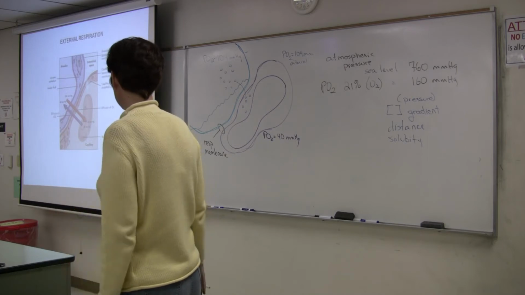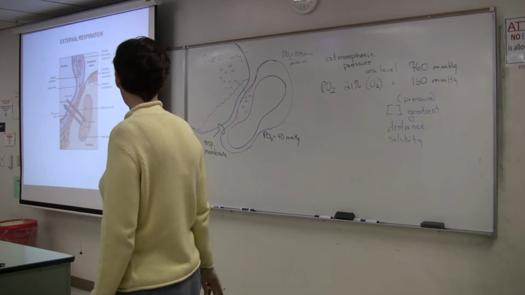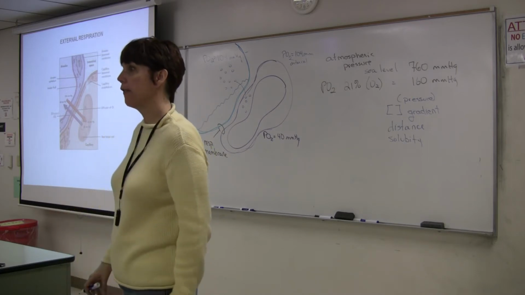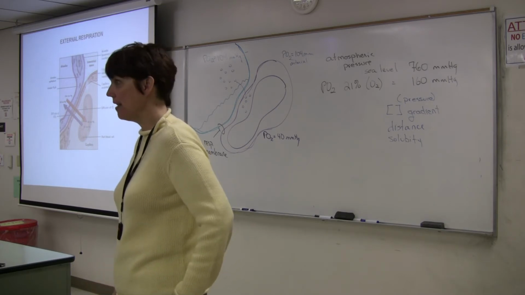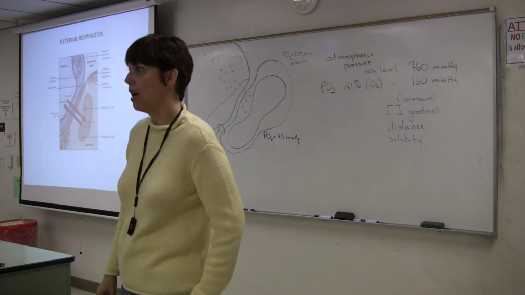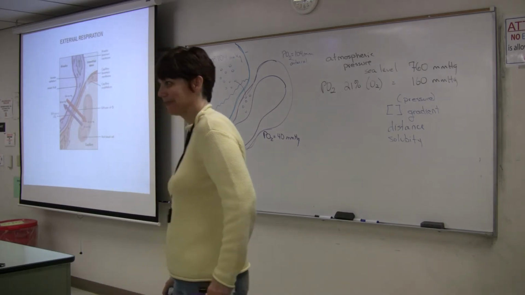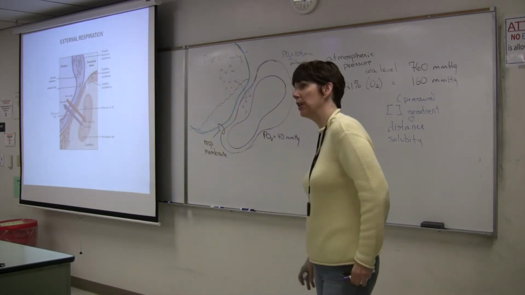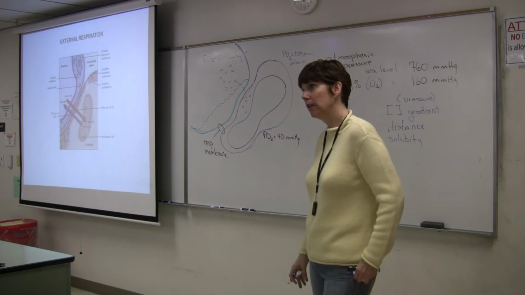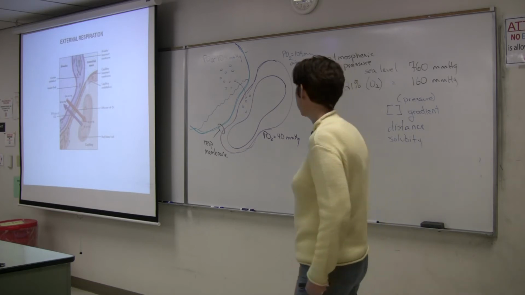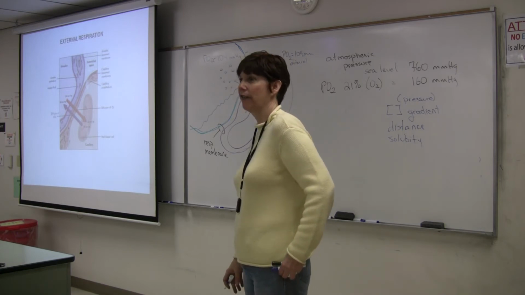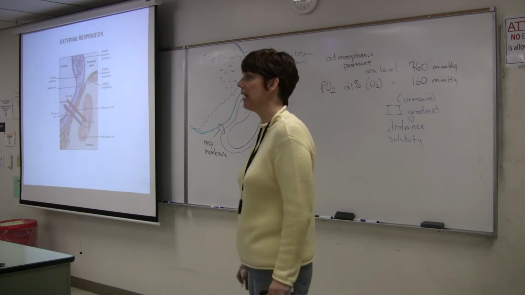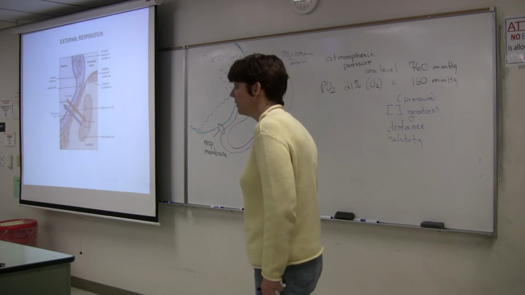plasma with enough oxygen solubilized in it to reach that arterial pressure, is insufficient to keep your body alive. Okay? You need the oxygen that's transported on the iron as well. So if you have a hemoglobin of only 2 grams per deciliter, that's not enough to keep you alive; you would be lying in bed probably dying.